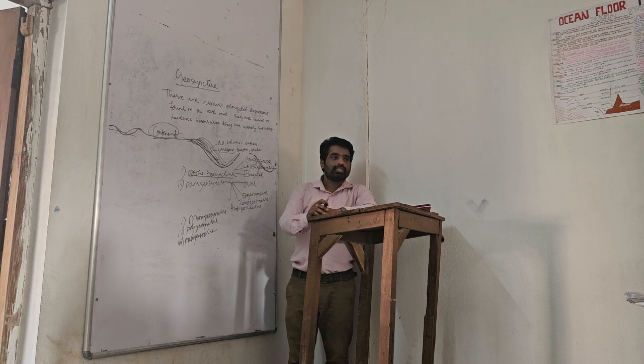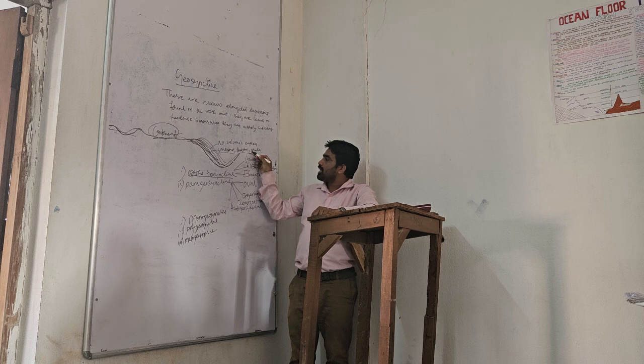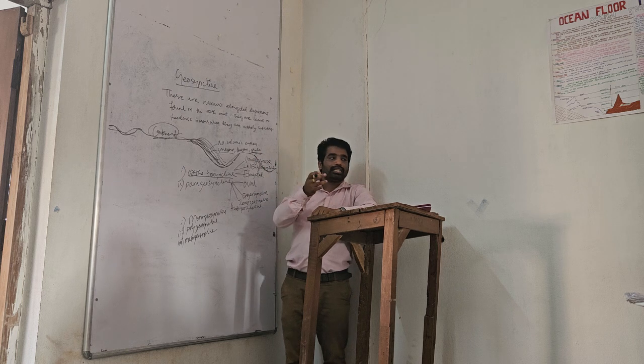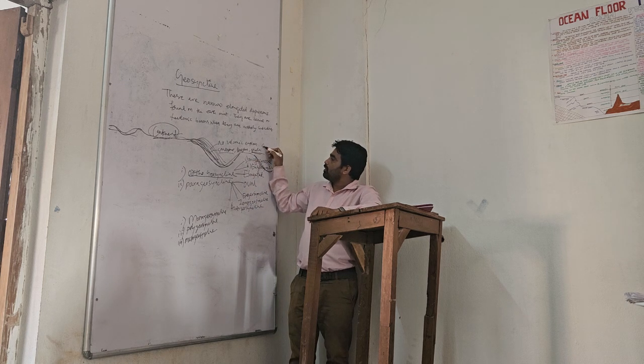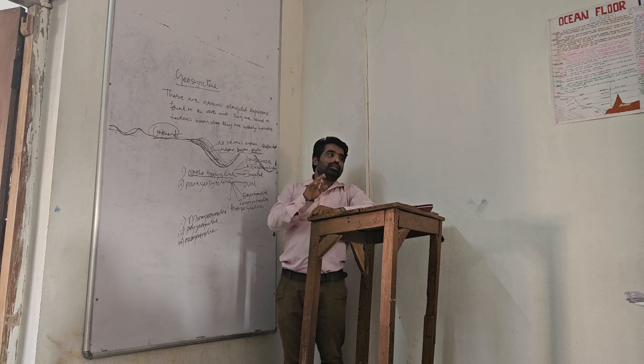Sandstone is a sand type of rock. Limestone is made up of calcium carbonate. Shale is argillaceous material. So these are actually shallow deposits. Shallow deposits means these deposits are found in shallow water bodies.